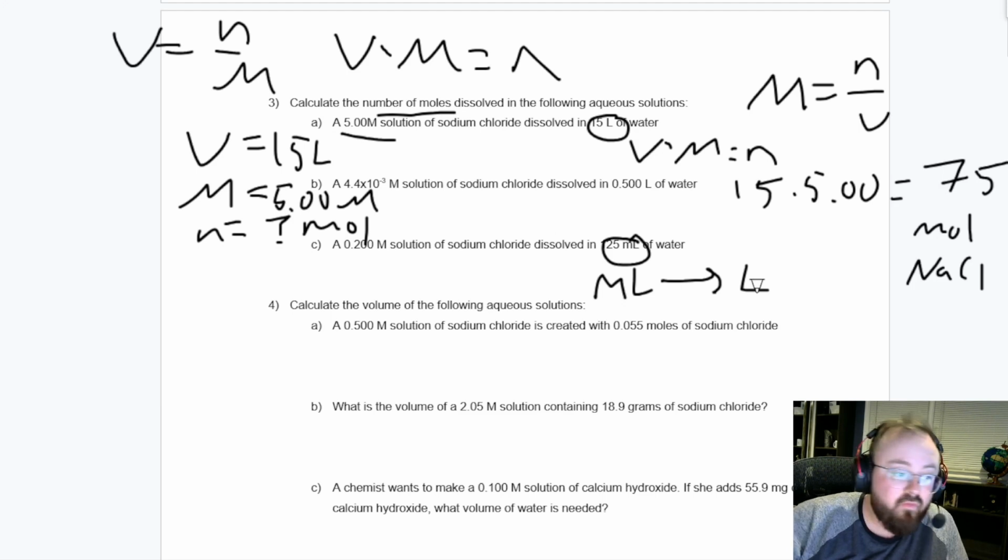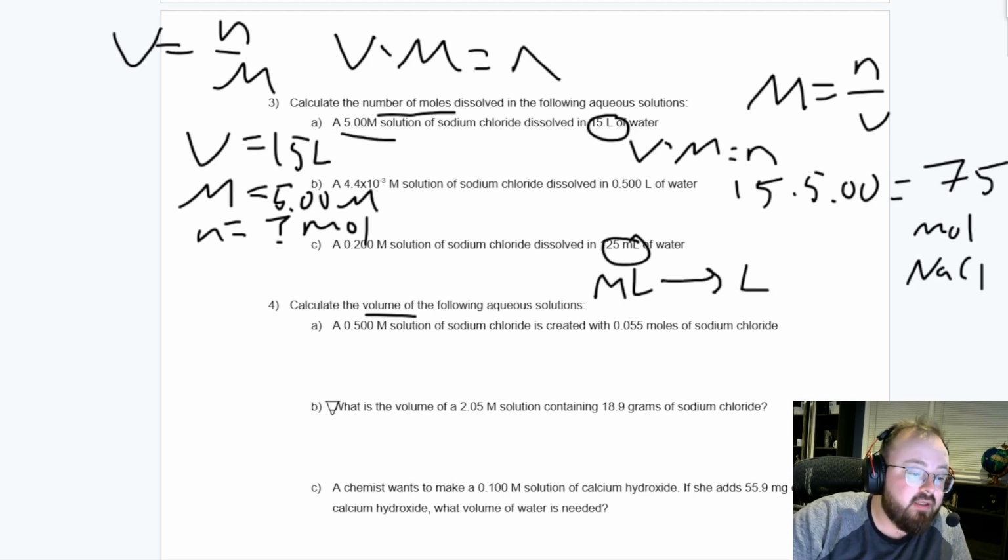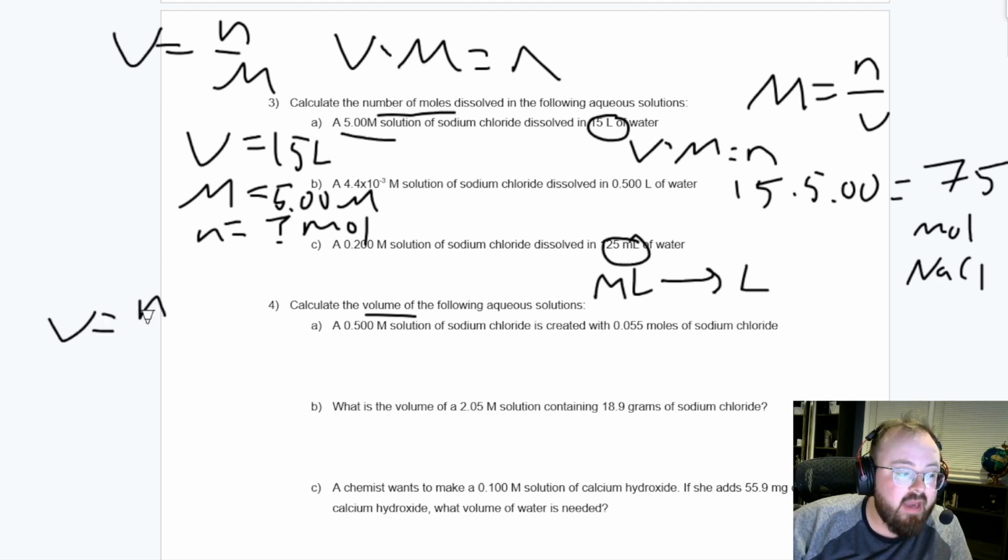Okay? Question 4. Calculate the volume of the following aqueous solutions. So we're going to use our volume formula that we have solved for. Volume is equal to n divided by M. Look at A. A 5.00 molar solution, that's our M, of sodium chloride is created with 0.055 moles of sodium chloride.